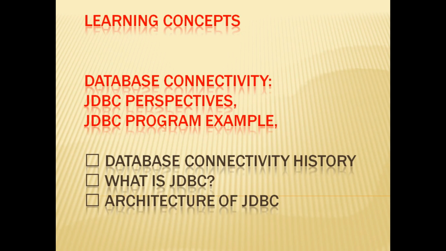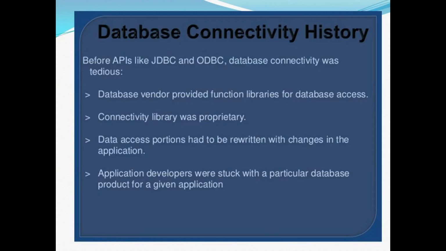Let's see the history of database connectivity first. Before APIs, that is application programming interfaces like JDBC and ODBC, database connectivity was tedious. A database vendor provided functions and libraries for each database access, and only by using those libraries could you access the databases.